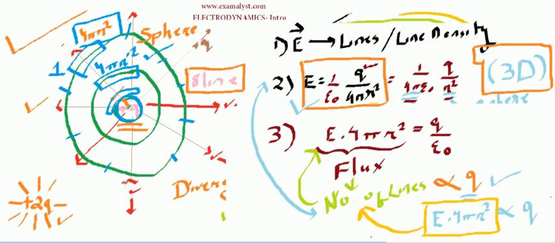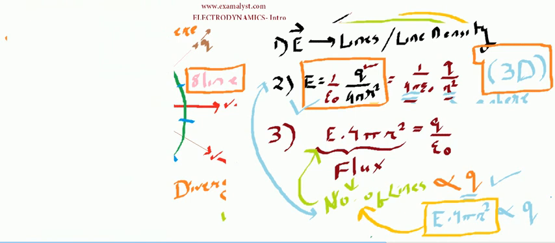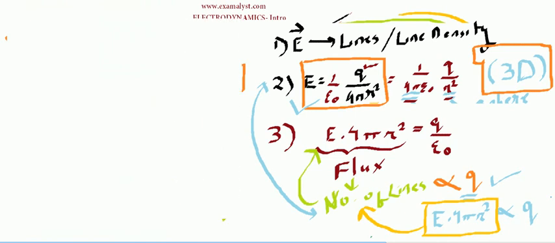Now that we have defined flux, let me go one step further. From here we will learn something called Gauss law. If we go to the fourth conclusion, Gauss says that the multiplication of electric field with area is the mathematical object which is describing number of lines, whose technical term is the flux.